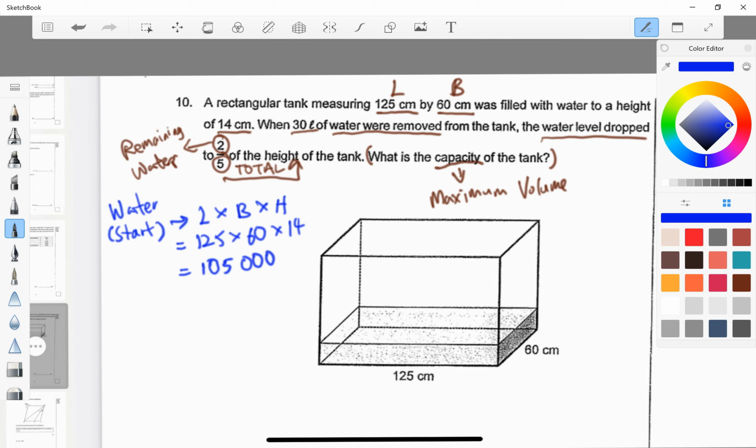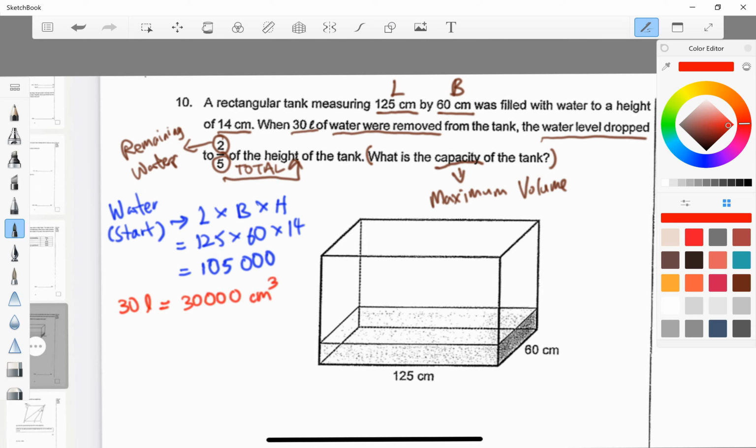As informed, 30 liters of water were removed from the tank. So my next step is to show that the 30 liters were taken out. I can convert the 30 liters into cm cube. 30 liters itself is actually 30,000 cm cube.